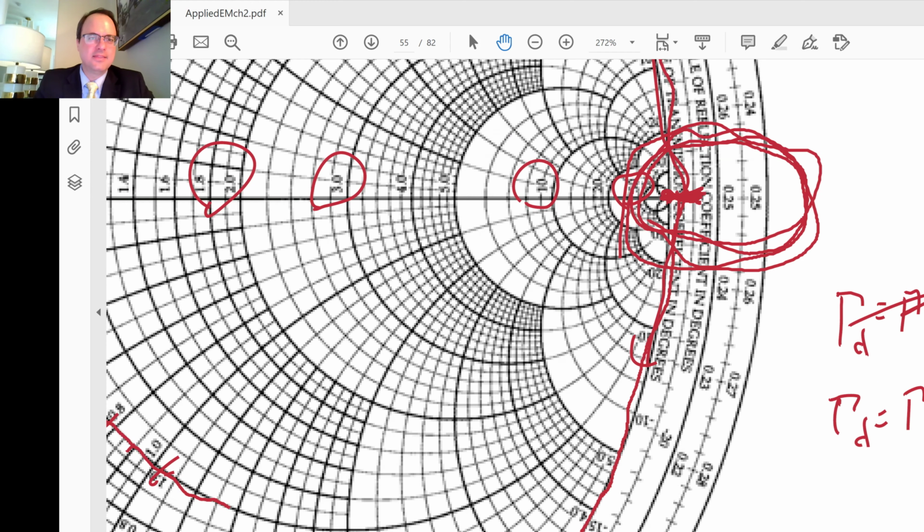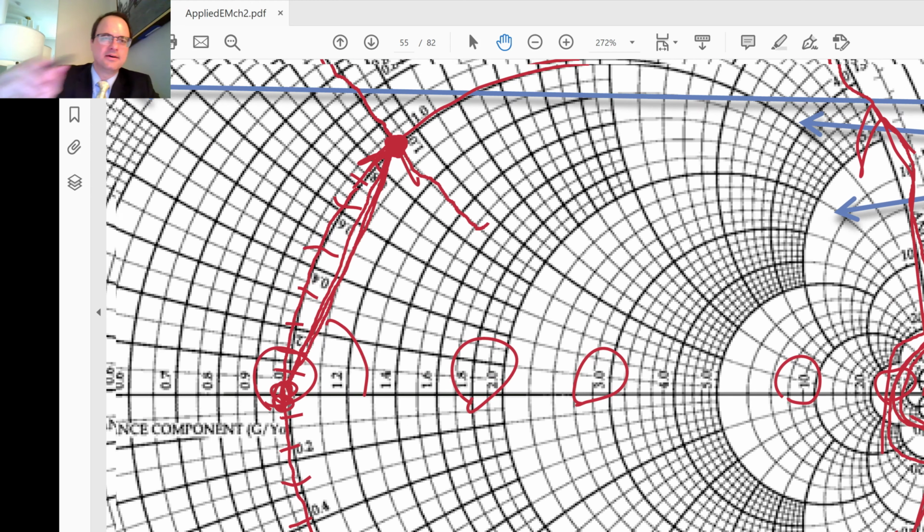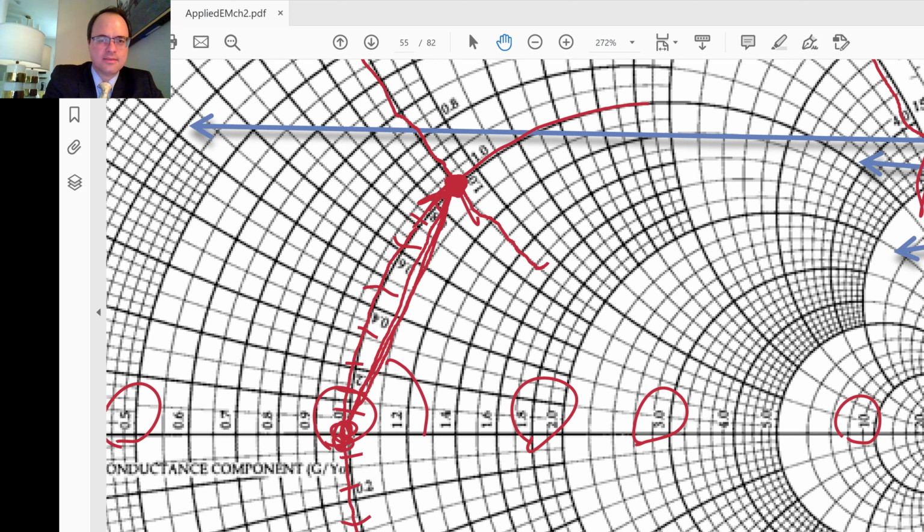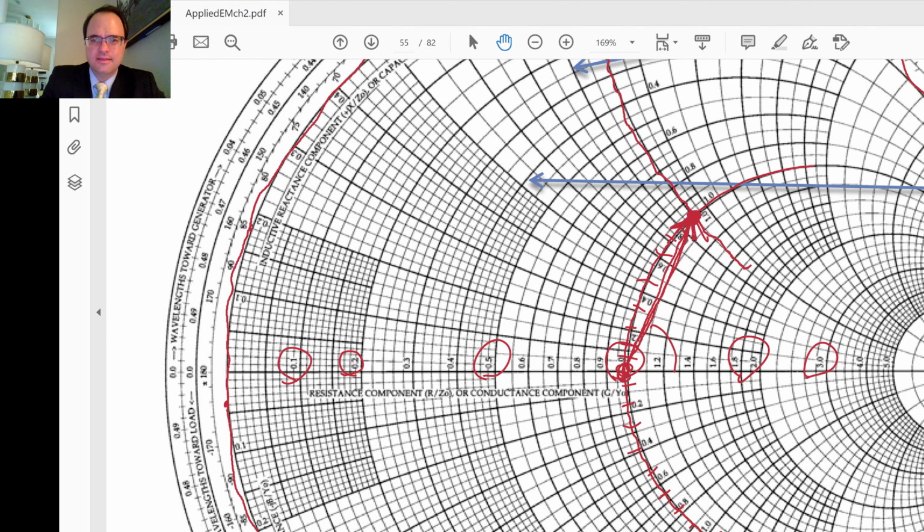Say that we had calculated gamma at the load to be this right here. That represents a circle defined by having its origin at the center and a radius equal to the magnitude of this reflection coefficient, the magnitude of gamma.